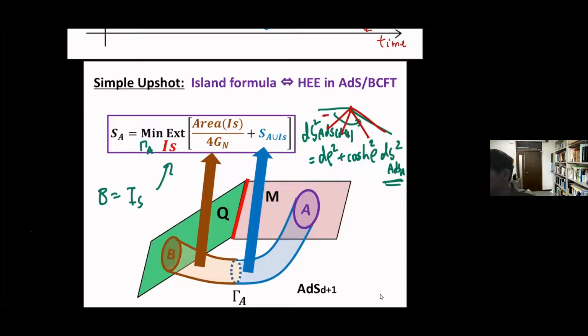This is the rho coordinate, and rho equals rho star is fixed, a kind of cutoff, the analog of z equals z star. So it is a little bit different. This is called the Karch-Randall setup, and this is the original one, called the Randall-Sundrum setup. But they have some similar properties, like localization of gravity and so on.